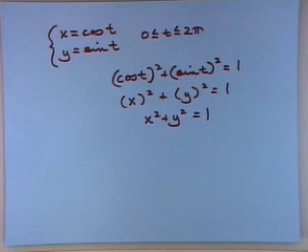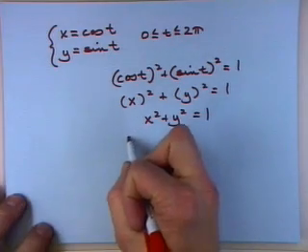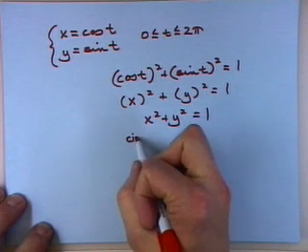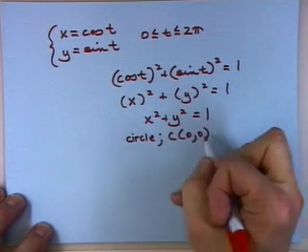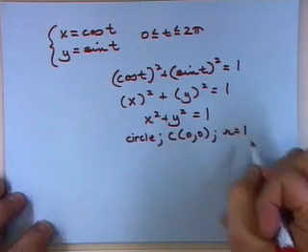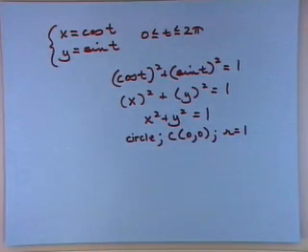We get a circle, right? A pretty simple circle. Center is at the origin and a radius of 1. So that's what that set of parametric equations is.